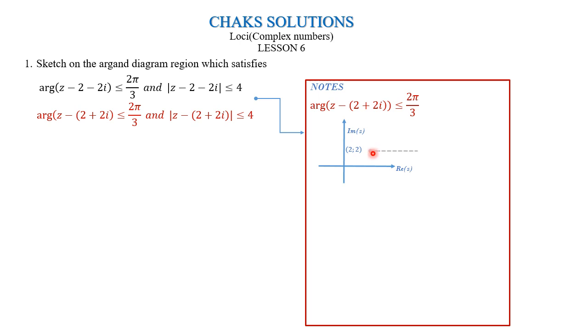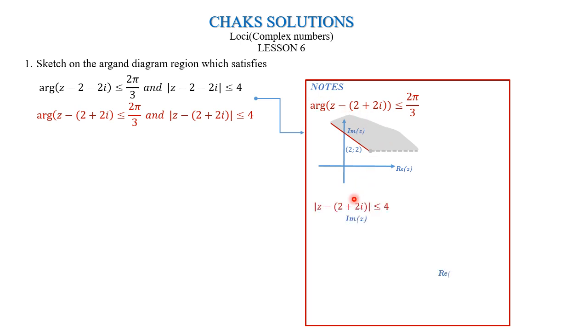So our point here is 2, 2. Then we draw our continuous line from this point here. So this is our line here. Then we need the region which is less than 2 pi over 3. So this is the region here. Alright, that's the first region that is going to be intersected with another region.